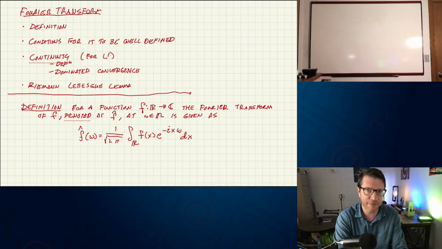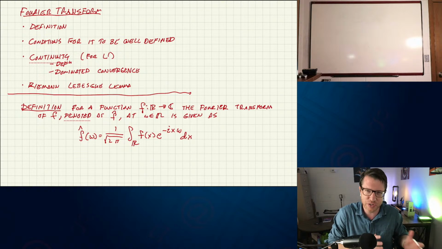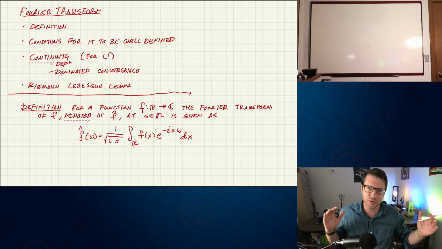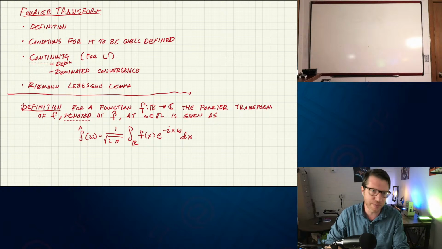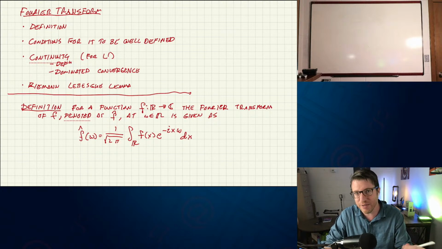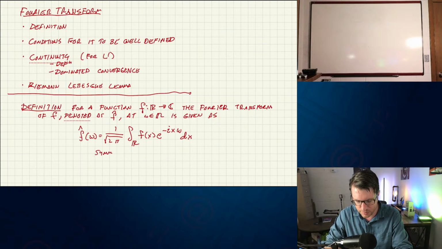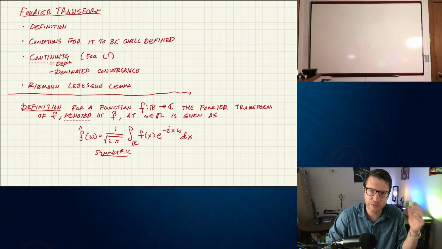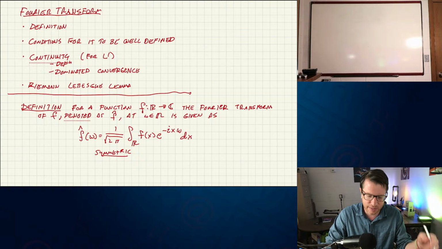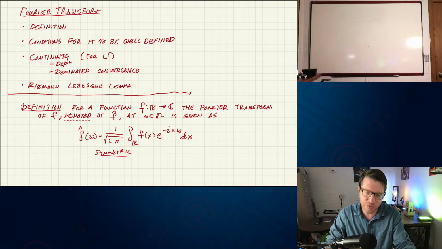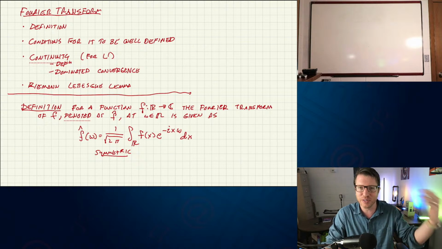All of these have exactly the same properties. It's just that everything is shifted by a constant, or compressed or stretched. So all the things I'm telling you are going to be true no matter what definition you choose. Just keep in mind there might be a shift of a constant. The advantage of this one, called the symmetric definition, is that we can use the Fourier transform again to invert the Fourier transform.